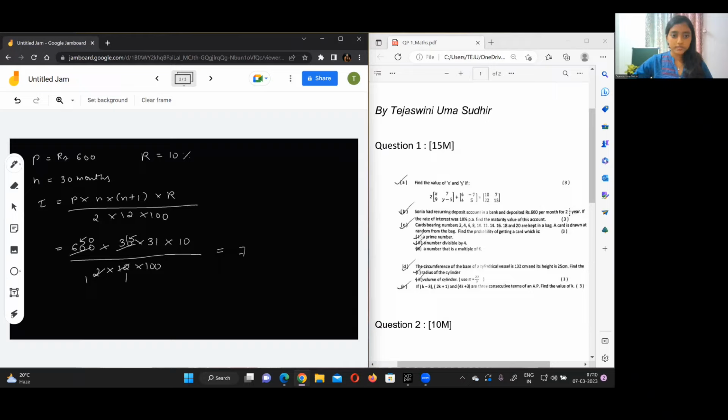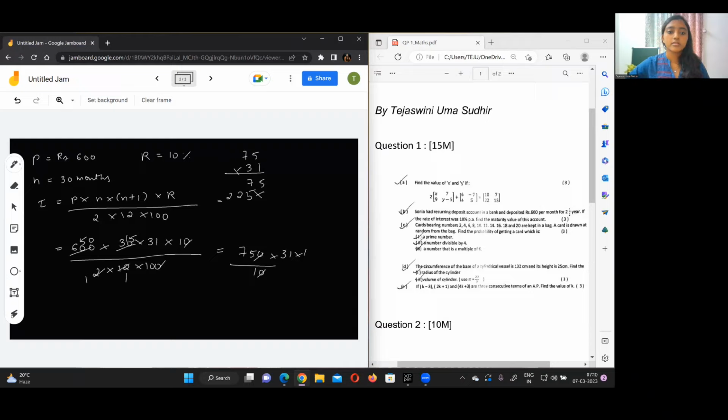So 750 into 31 into 1 by 10. Cut this off as well. Now we just need to do 75 into 31. 5 ones are 5, 7 ones are 7. 3 fives are 15, 1 in the mind, 7 threes are 21, 22.